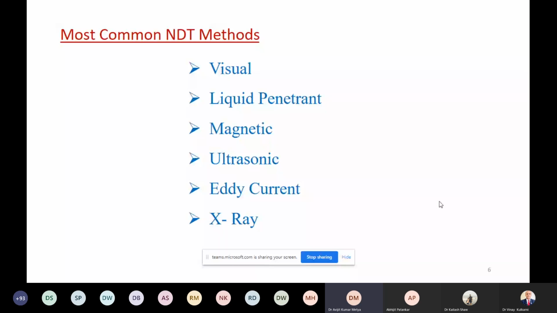Then comes ultrasonic. This is one of the best NDT techniques and the most versatile, due to its volumetric inspection. Till now, whatever I have told, visual, liquid penetrant or magnetic, everything is basically sensitive to surface or subsurface detection. But volumetric inspection is possible using the ultrasonic technique. Then comes the eddy current technique.